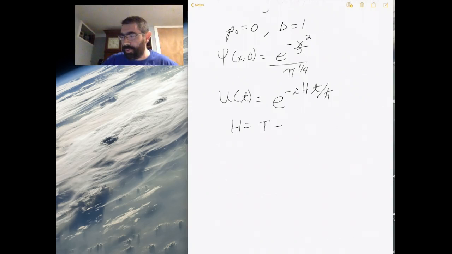The original Hamiltonian would be the kinetic energy plus the potential energy, but since the potential energy is equal to 0, it's a free particle.